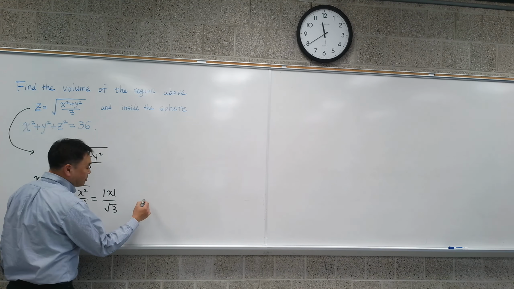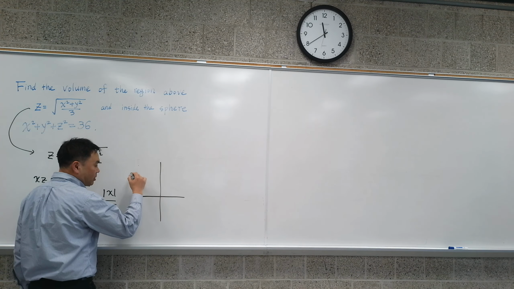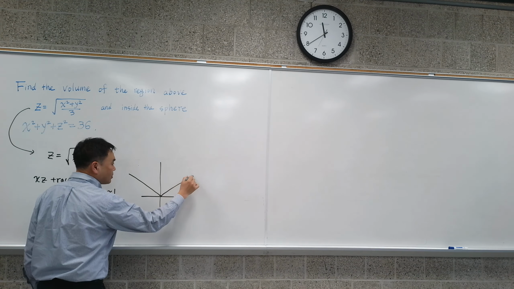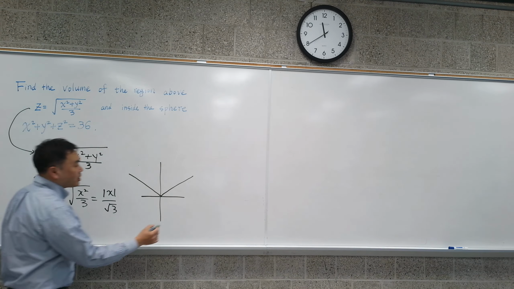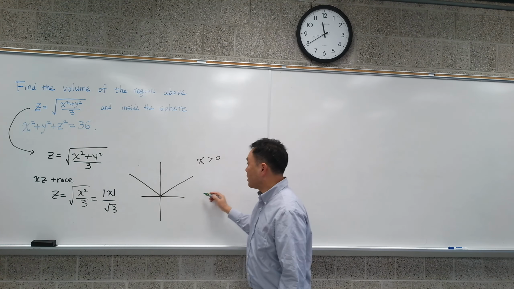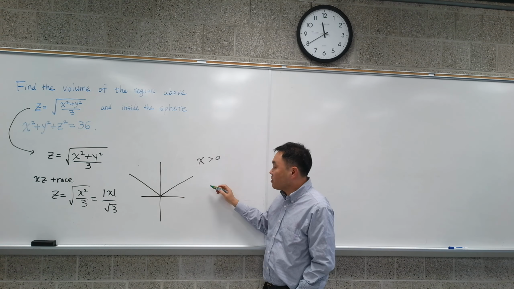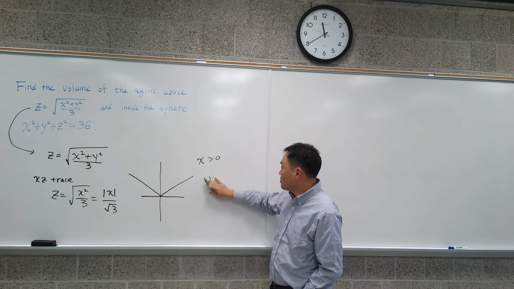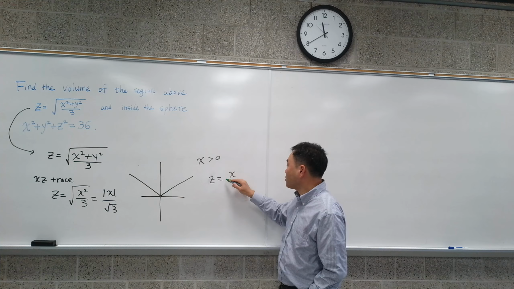So what this means is you have a V-shaped thing, right? And at least when x is positive, the absolute value of x is the same as just x, right? So you get this equation, z equals x over square root of 3.